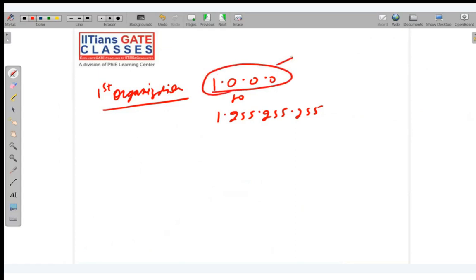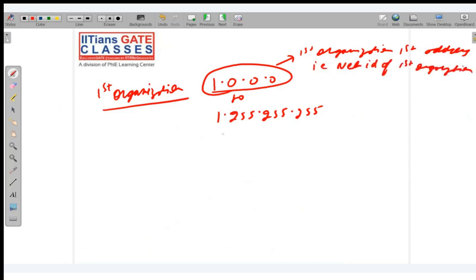First organization, first address. And this is what? Net ID. The first address is the net ID of the first organization. So if they ask what is the net ID of the first organization, you will say 1.0.0.0.